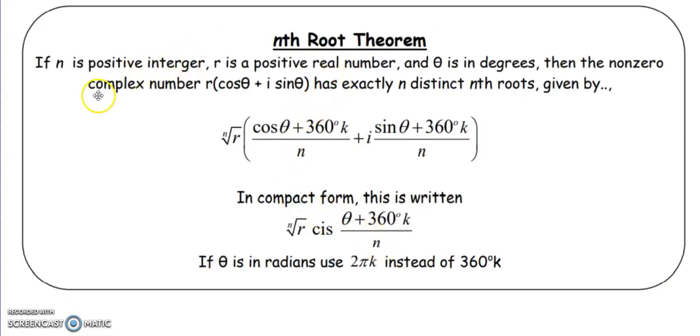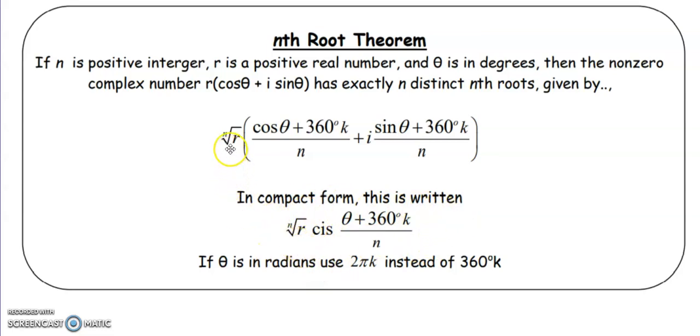So the nth root theorem says if n is a positive integer, r is a positive real number, that's the length of the hypotenuse of my right triangle that we find, and theta is in degrees, then the non-zero complex number in trig form has exactly n distinct nth roots, and we can find them by using this. We're going to start by using our compact form.